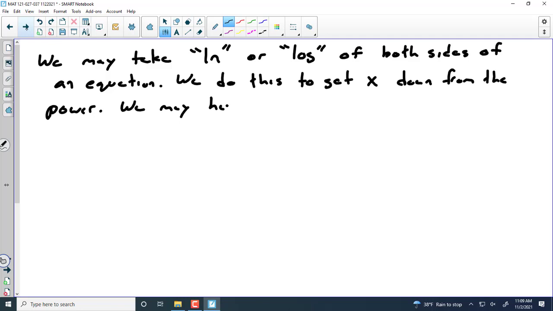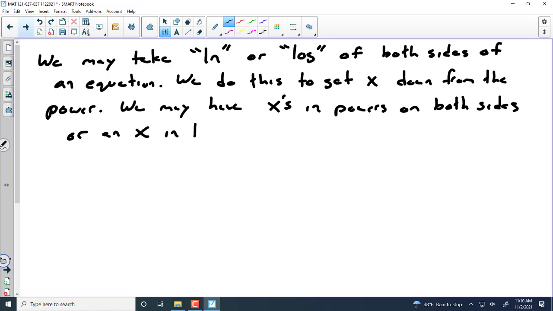We may have x's in powers on both sides, or an x in the power on one side. We may take the ln and the log of both sides of an equation. The reason we would do this is to get an x down from the power.